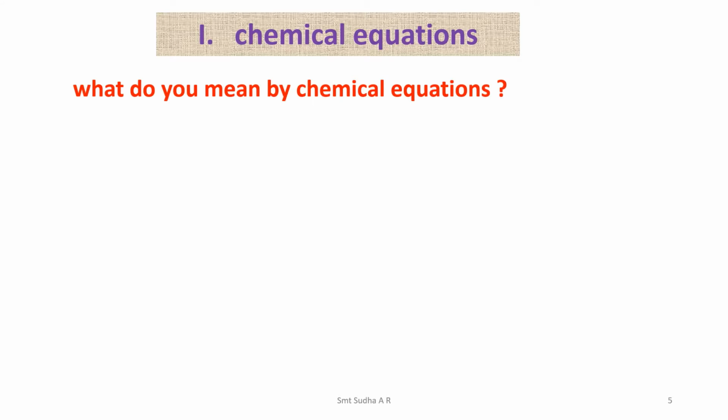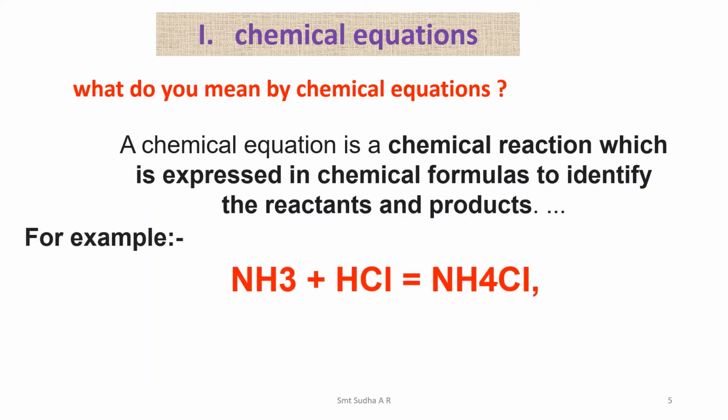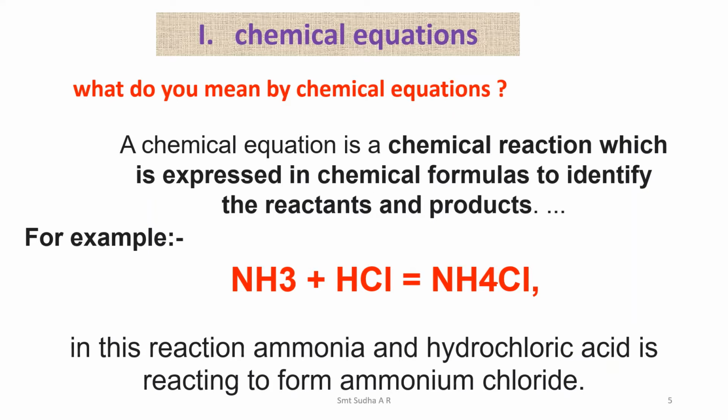If they ask what you mean by a chemical equation, you have to write this type of answer. A chemical equation is a chemical reaction which is expressed in chemical formulas to identify the reactants and products. For example, NH3 plus HCl gives NH4Cl.